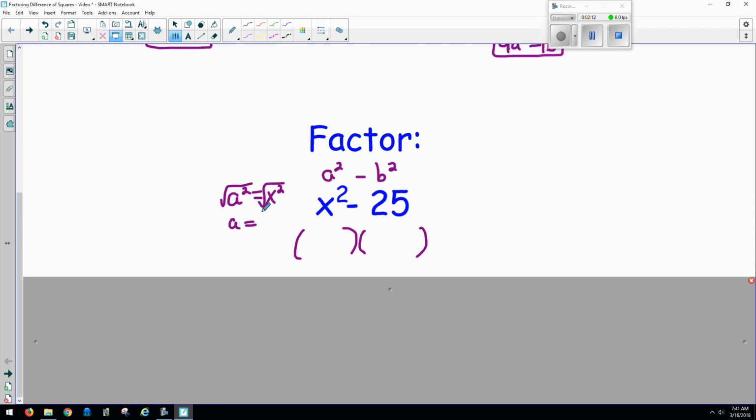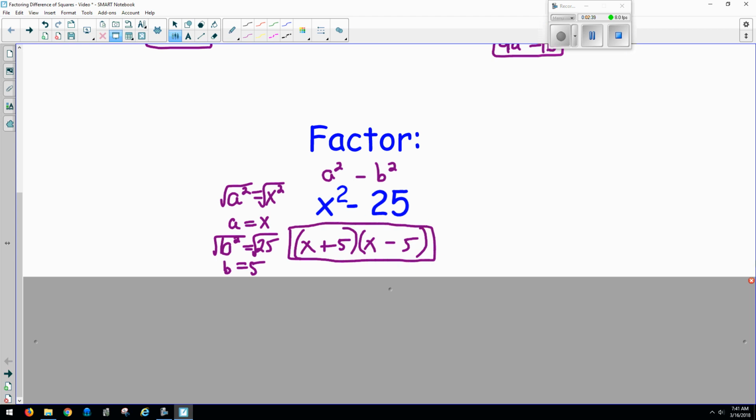So the square root of a squared, which is really x squared, is x. And then we're going to take b squared, which is 25, and take the square root of that as well. And that's 5. So we're going to take the square root of a squared that goes here and here, and square root of b squared that goes here and here. One of them gets a plus, one of them gets a minus.